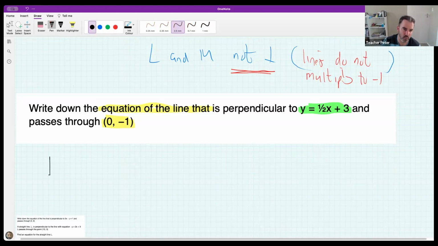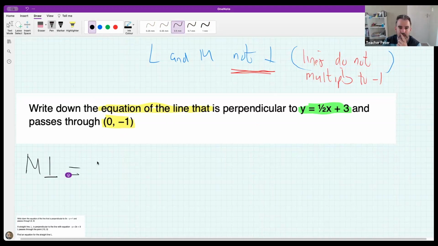Maybe a good place to start is, what is the gradient of the perpendicular line to the green one? Yes, I think I see a hand up there. Bukle, what do you think the gradient of the perpendicular line should be? The gradient is a half, sir.